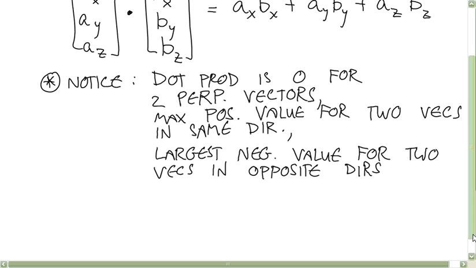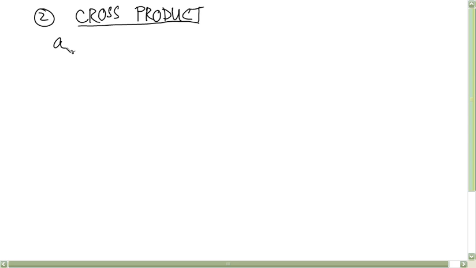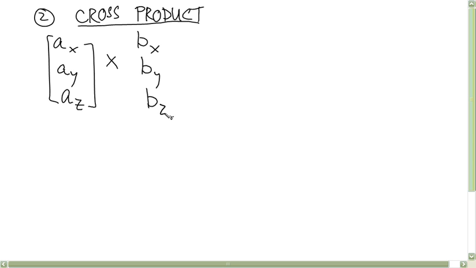The second type of vector product is the cross product. If you have two vectors, ax, ay, az, and you cross it with a vector bx, by, bz, you get a vector out this time.